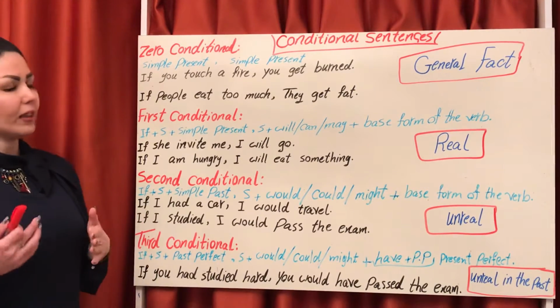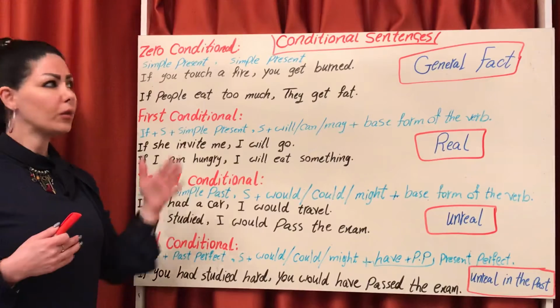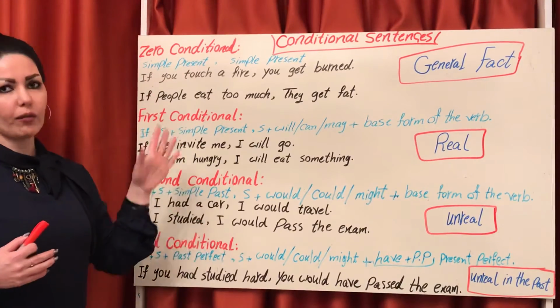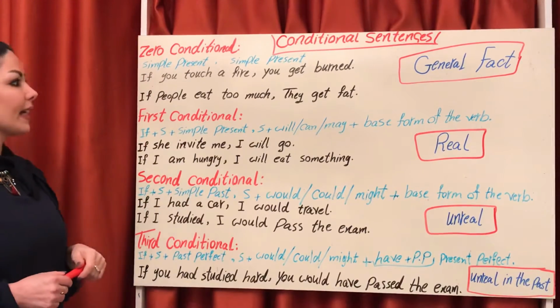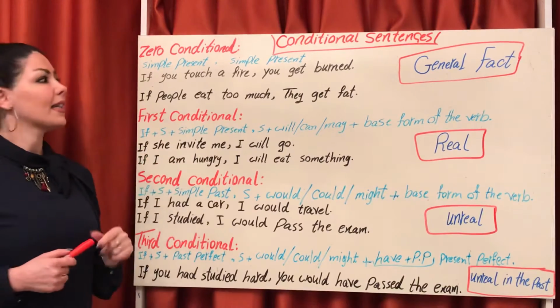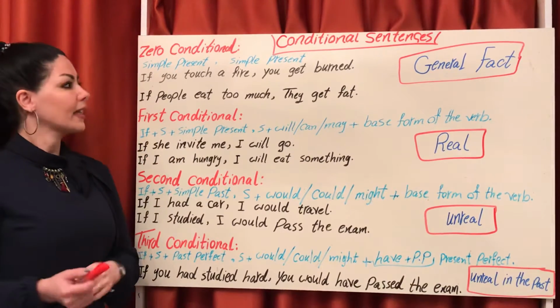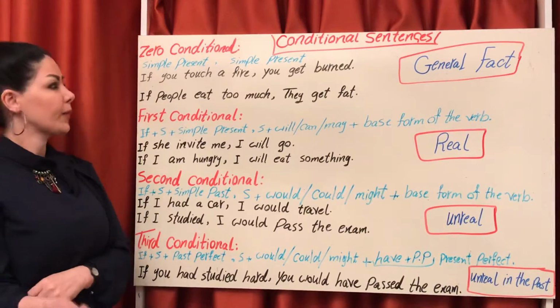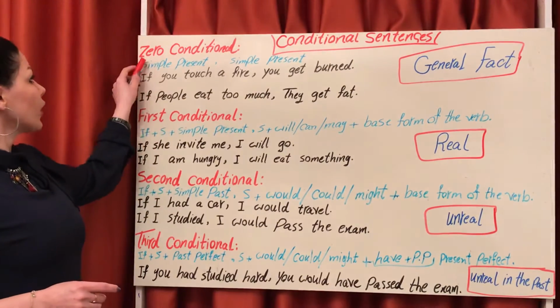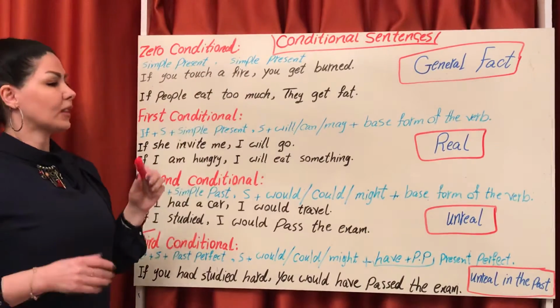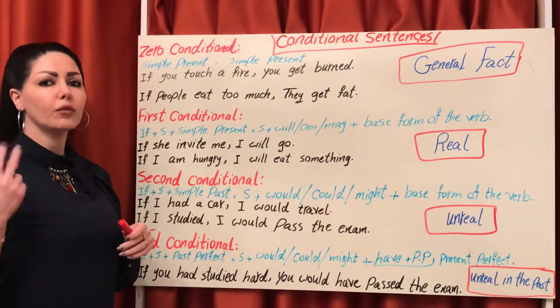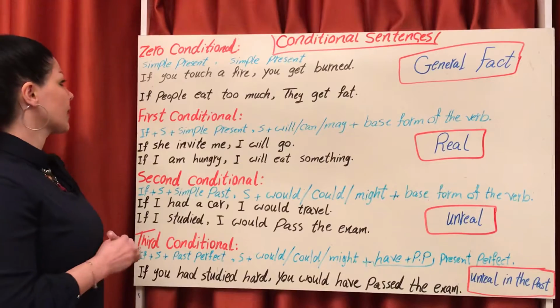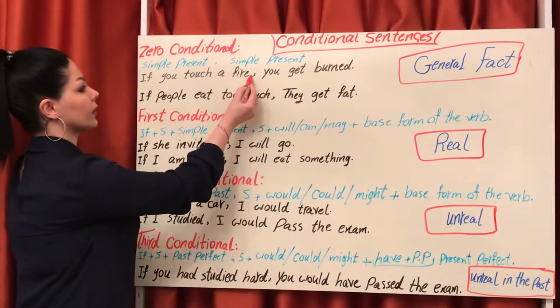Now I want to tell you when we can use each of these conditionals and what their structures are. At first, I will explain zero conditional. For conditional sentences, all of them, we have two parts.